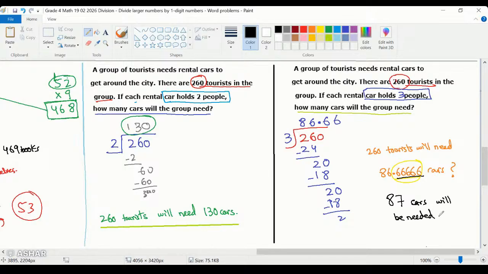If 3 people are sitting in each car, okay? If 2 people were sitting in each car, then 130 cars were required. If 3 people are sitting in each car, then 87 cars are required because 86.66 is not possible for cars, right?